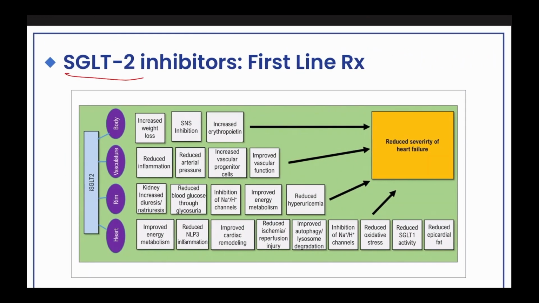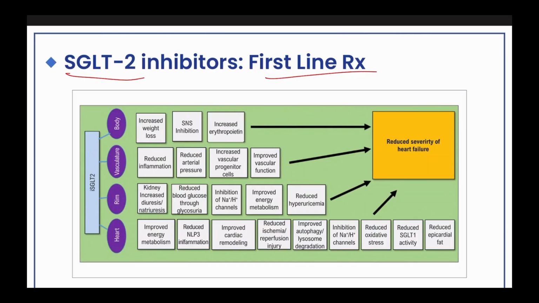These SGLT2 inhibitors, first line treatment again. And what happens with the body, shows increased weight loss, sympathetic nervous system inhibition. We don't want the sympathetic nervous system going crazy in heart failure. Increases the demand for oxygen, increases the heart rate, the workload on the heart, and it makes the heart failure worse.